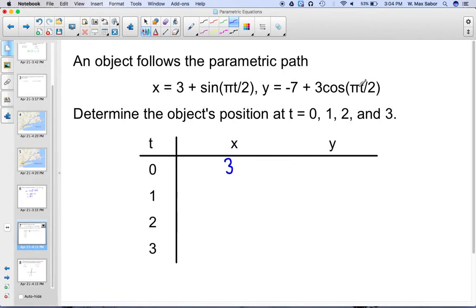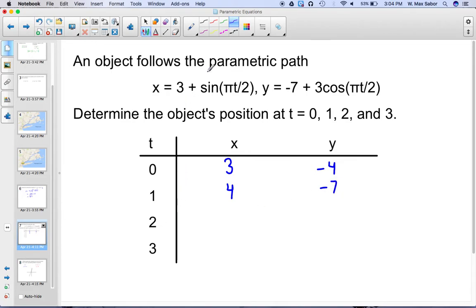And then for our initial y coordinate, when we plug in 0 for cosine, we get out 1. So this will be negative 7 plus 3, which is negative 4. Then plugging in 1 here, we get pi over 2. Sine of pi over 2 is 1, so we get 3 plus 1, which is 4. Cosine of pi over 2 is 0, so we just get negative 7.